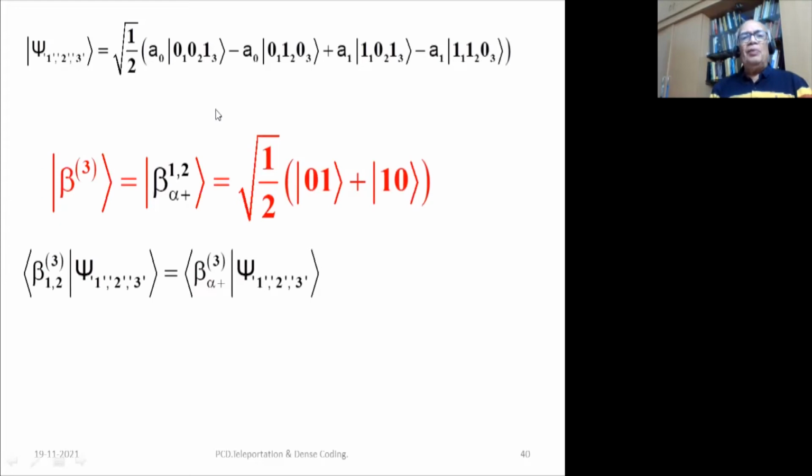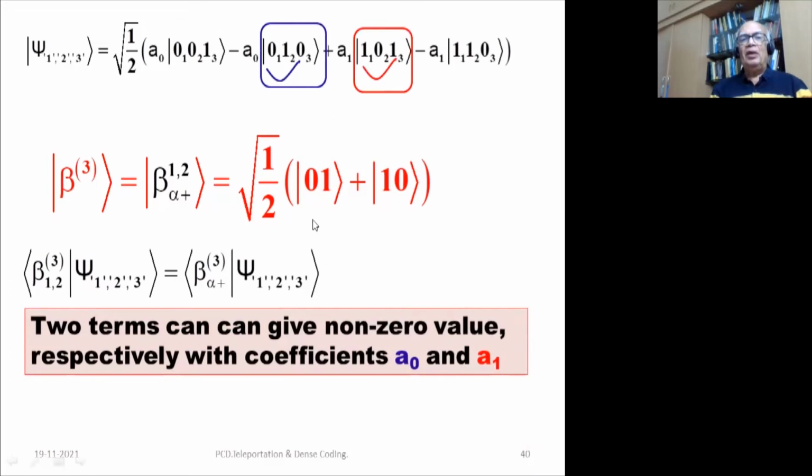And now the Bell state in which Alice would entangle qubit 1 and qubit 2 is Bell state number 3, which is a superposition of anti-parallel spins, but with a plus sign. Earlier in our previous class, we considered a superposition of anti-parallel spins, but with a minus sign.